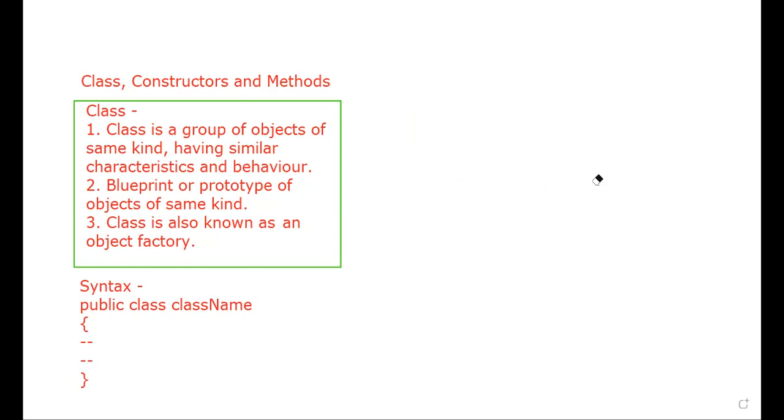So when I write an example of a class, I say public class, and say, for example, I name the class as rectangle. Got it? Yes, ma'am.